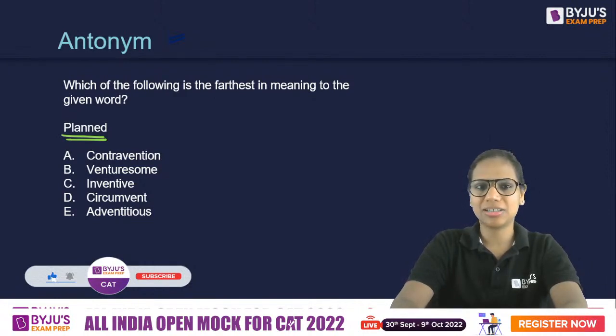Contravention means unplanned. If I say your actions are in contravention to our rules, then does that mean that they're unplanned? So let's see what the others say. Come on, others.